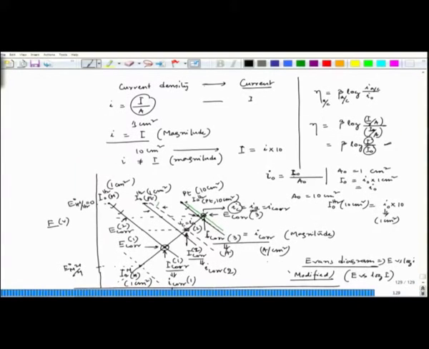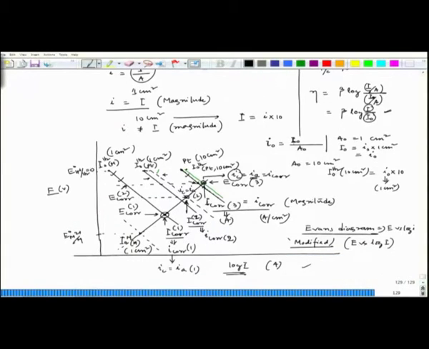This particular situation is explained better by this modified Evans diagram. So, this is about case 3.